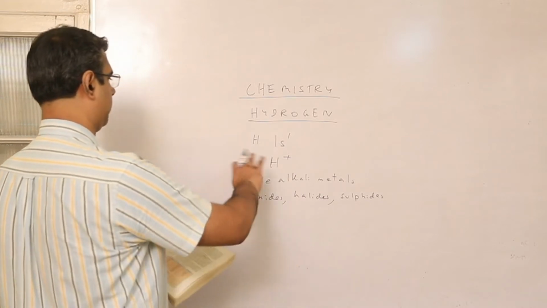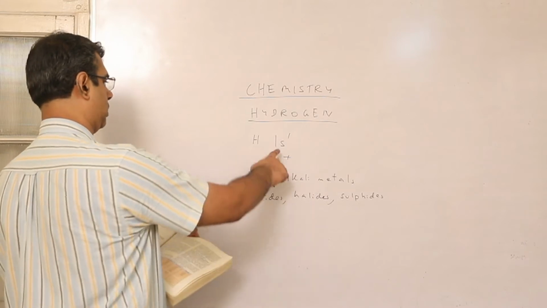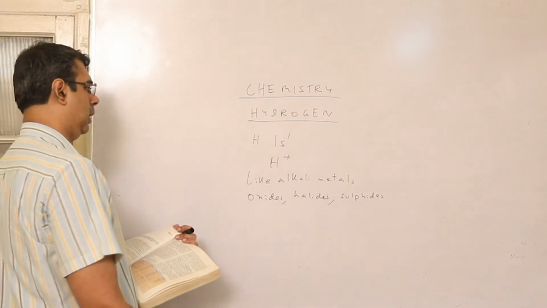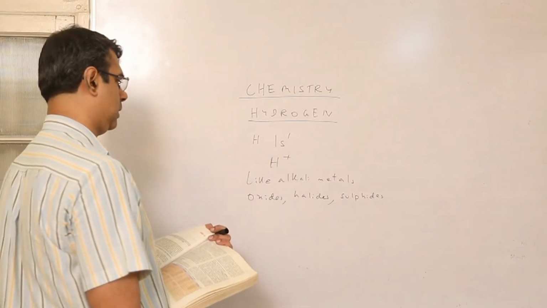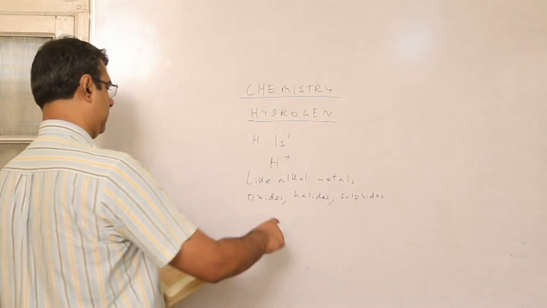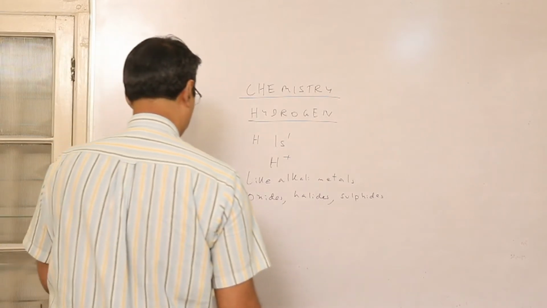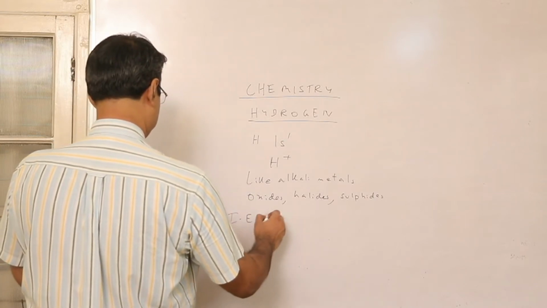So these are the properties of hydrogen which are similar to alkali metals. Its configuration is similar, ns1. It is capable of losing the electron and becoming H+, and like alkali metals it forms oxides, halides and sulfides. However, its ionization energy is high.